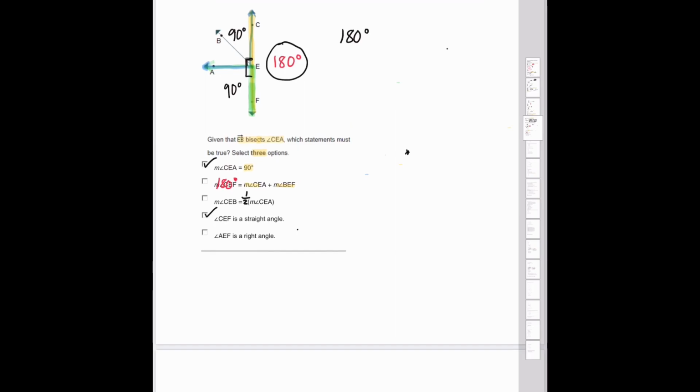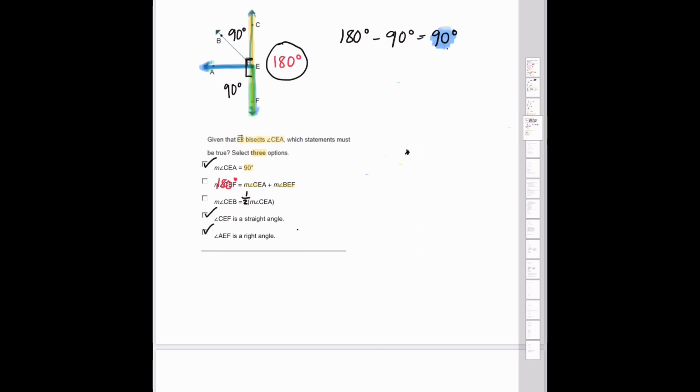Therefore, because we know that the angle measure of CEA is 90 degrees, it is reasonable to assume that 180 minus 90 degrees is equal to 90 degrees, which means that it's reasonable to assume that the angle measure of CEF or AEF is in fact 90 degrees. Therefore, we can select that answer choice.